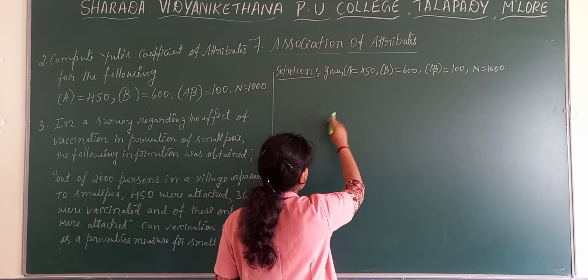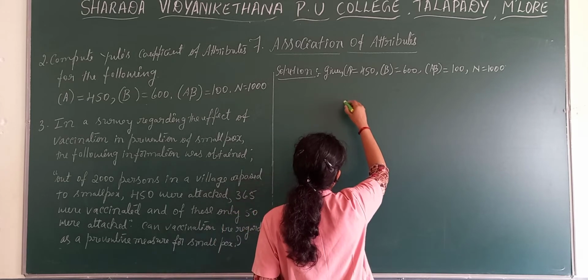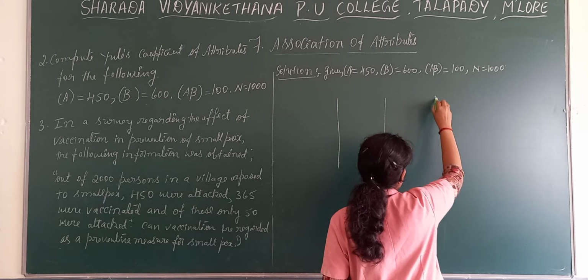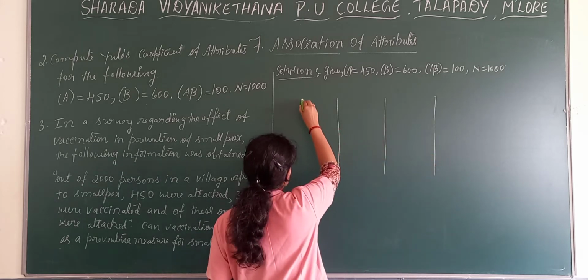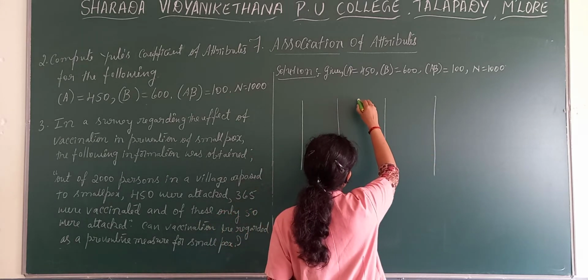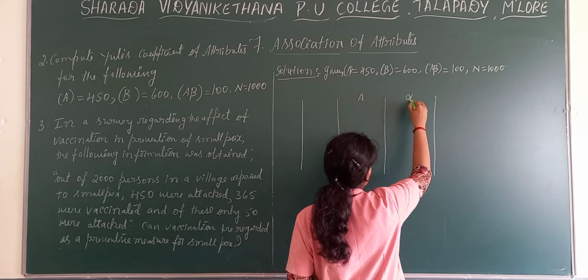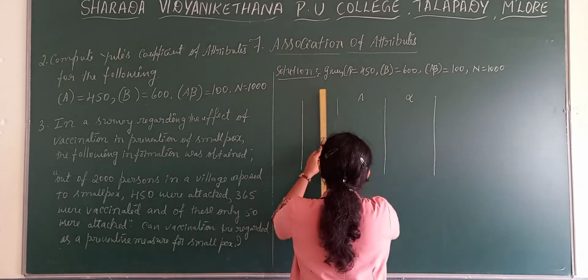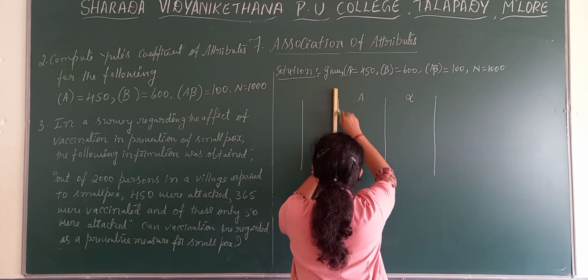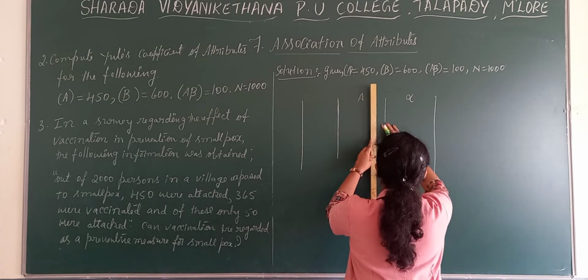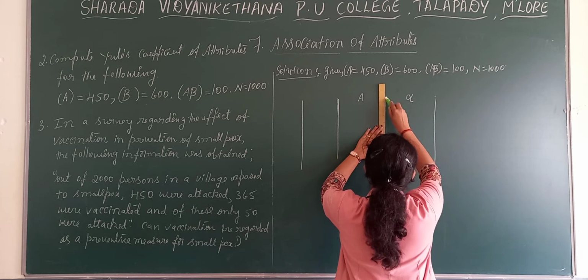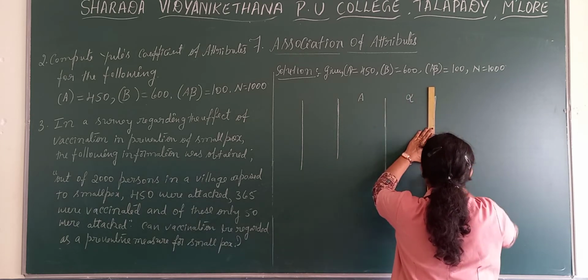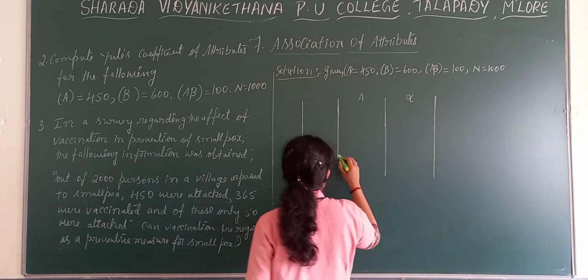Then first comes here A and alpha, then comes B and beta.